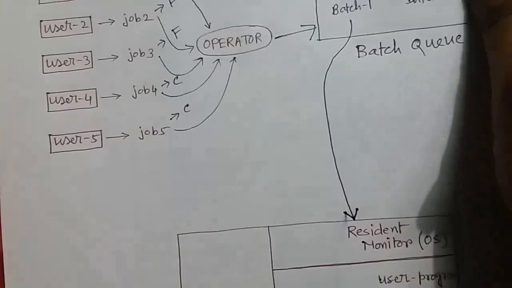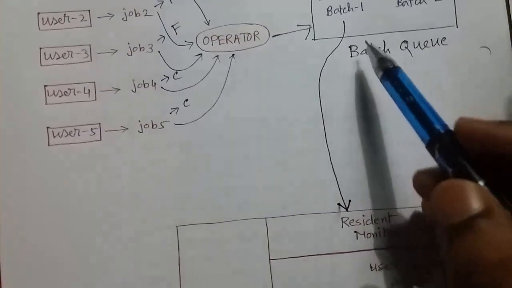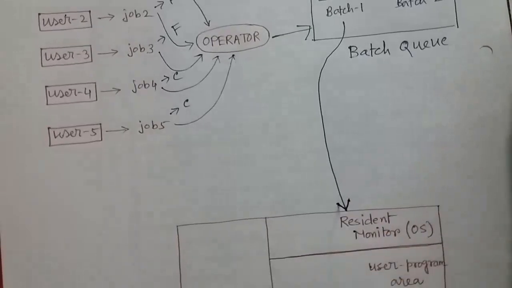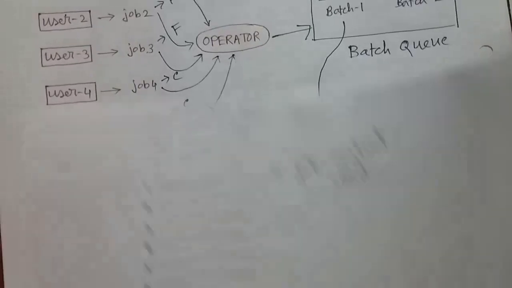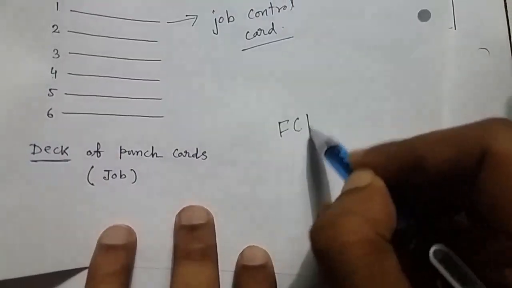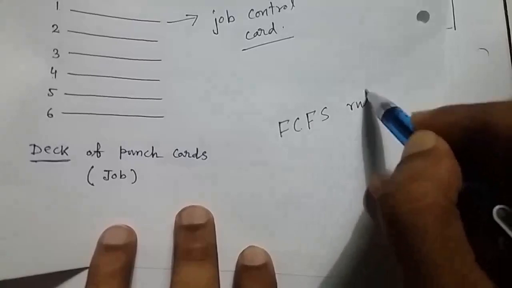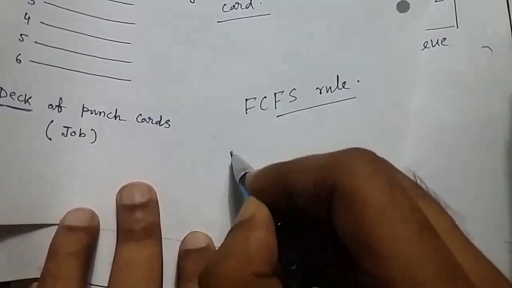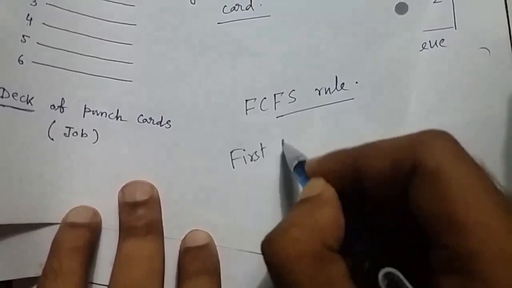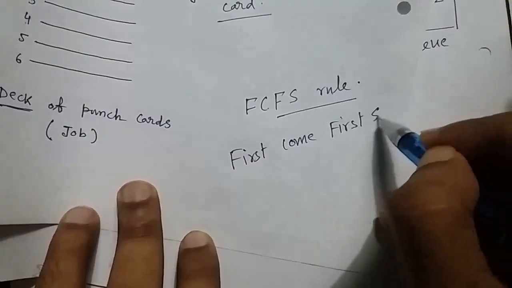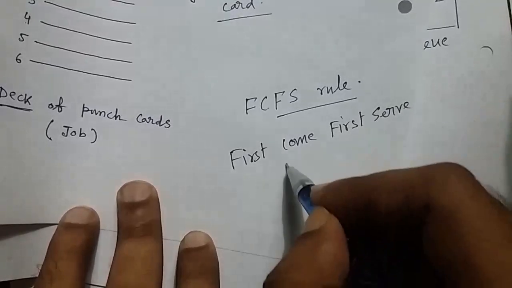Now this resident monitor will sequence the jobs as I have already told. It will sequence the jobs as per the FCFS rule. What is the FCFS rule? FCFS means first come, first serve rule.